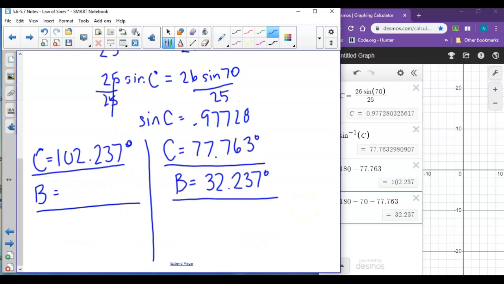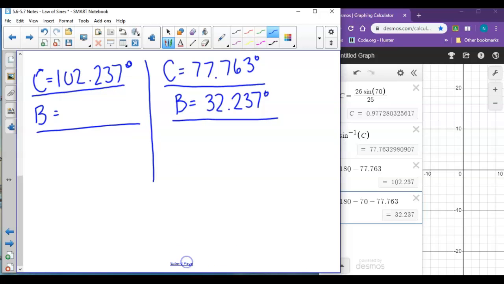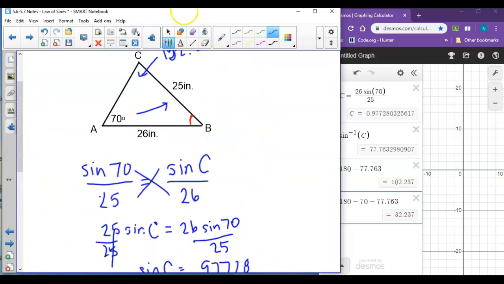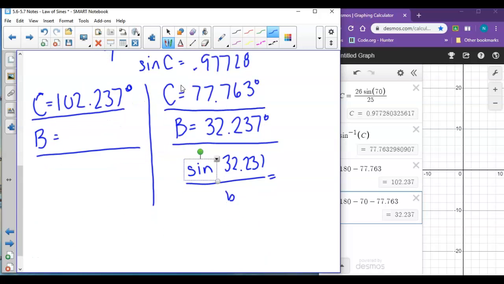Now, to find lowercase b, to find side B, we're going to have to set up law of sines again. So we would say sine of the 32.237 over side B equals, and I would probably use the sine 70 over 25, just because that one was already given to you and you don't have to round any for it. So I'll say sine 70 over 25.